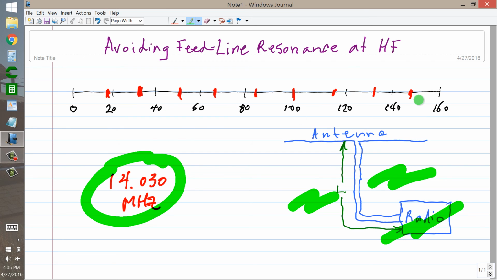I'm allowing a little bit of margin for error here, because 14.030 is not exactly twice 7.030, but it's pretty close. So now your ideal lengths would be anything midway between these red marker thingies.